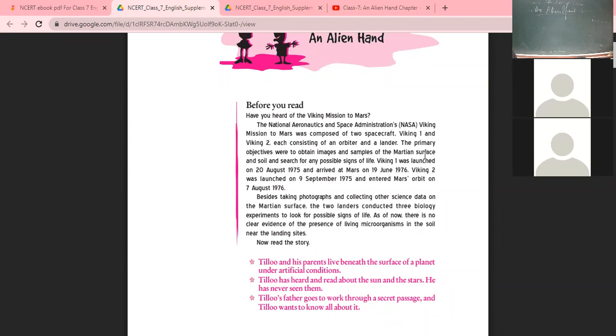Viking 1 was launched on 20 August 1975 and arrived at Mars on 19 June. See, okay, launched on 20 August 75, it has taken almost a year to reach Mars, and it reached Mars on 19 June 1976.